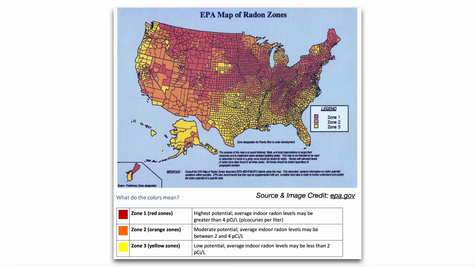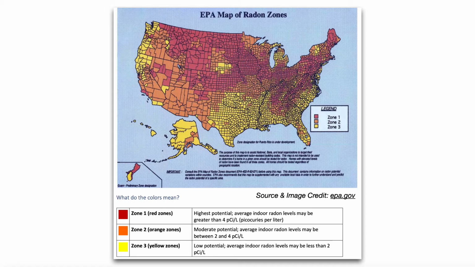The source and image credit for this map is EPA.gov. EPA.gov also has some great resources about radon gas and how you can mitigate for radon in your home. There's different ways of doing that. There's also different ways you can test and monitor for radon gas in your home. Again, EPA.gov is a great source for that.